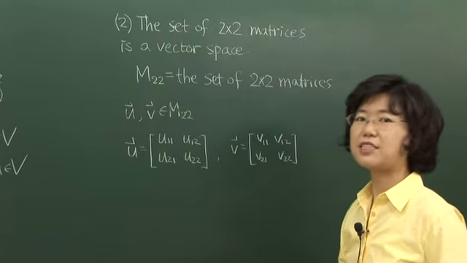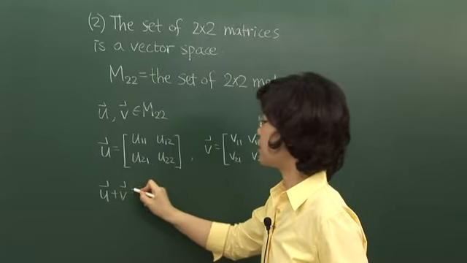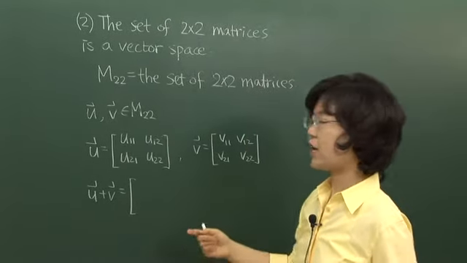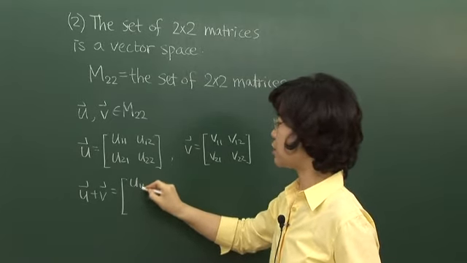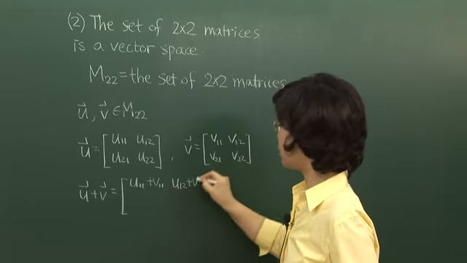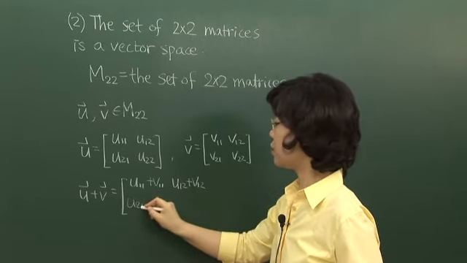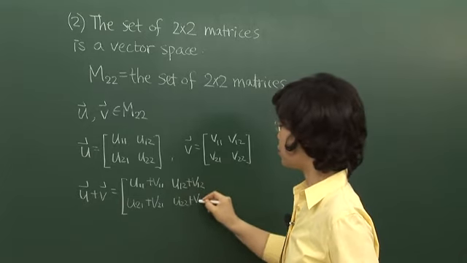So let's add these two matrices, U plus V. We have the usual addition on matrices. Therefore, this is U11 plus V11, U12 plus V12, U21 plus V21, U22 plus V22.